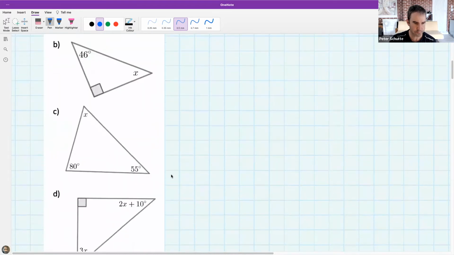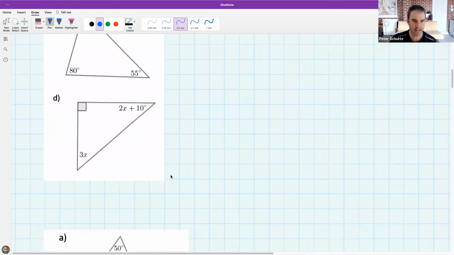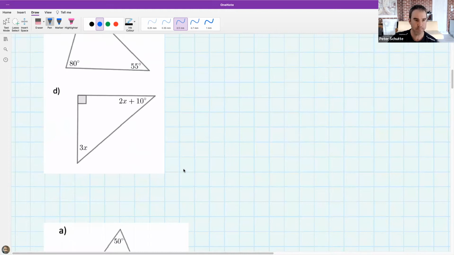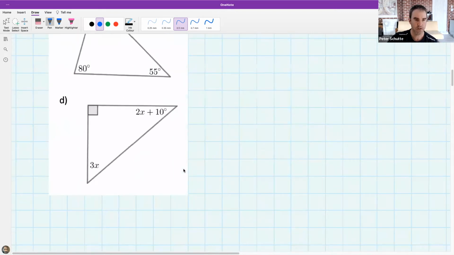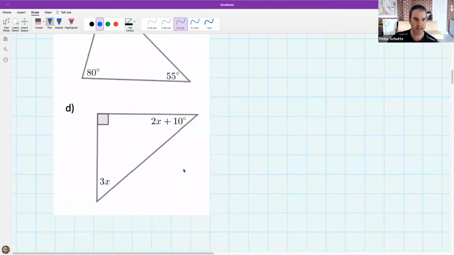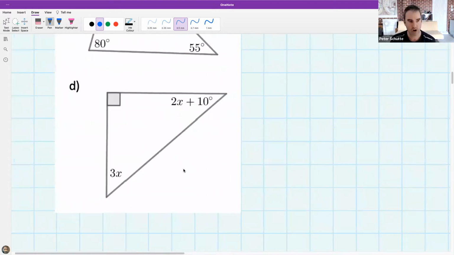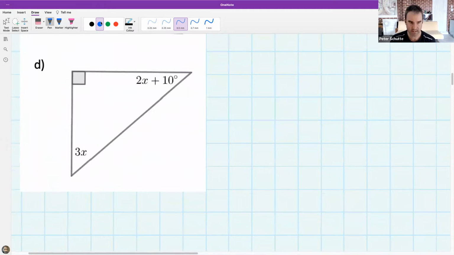Okay, well, let's do another one. Let's do something like D. In D, I want you to solve for the unknown value of x. That was in this question, and then this angle over here is 3x.